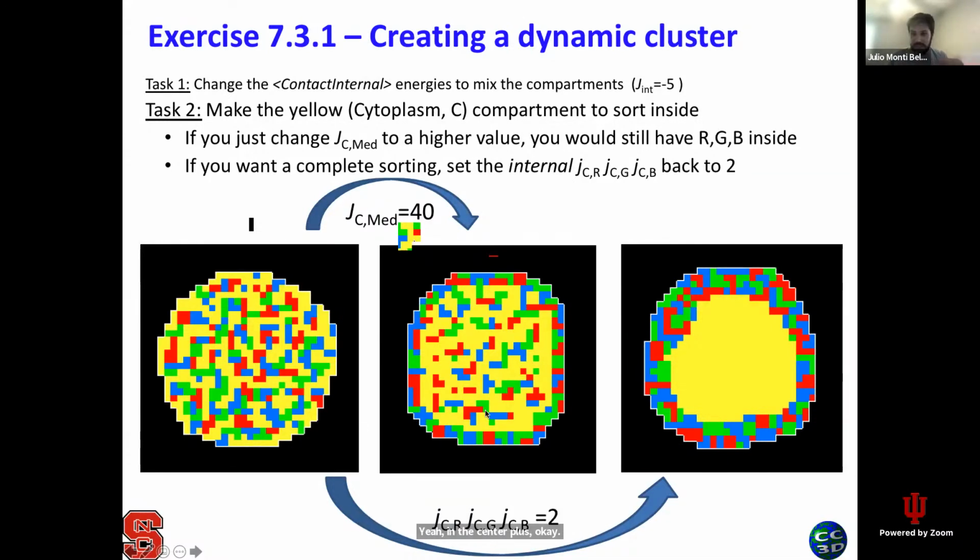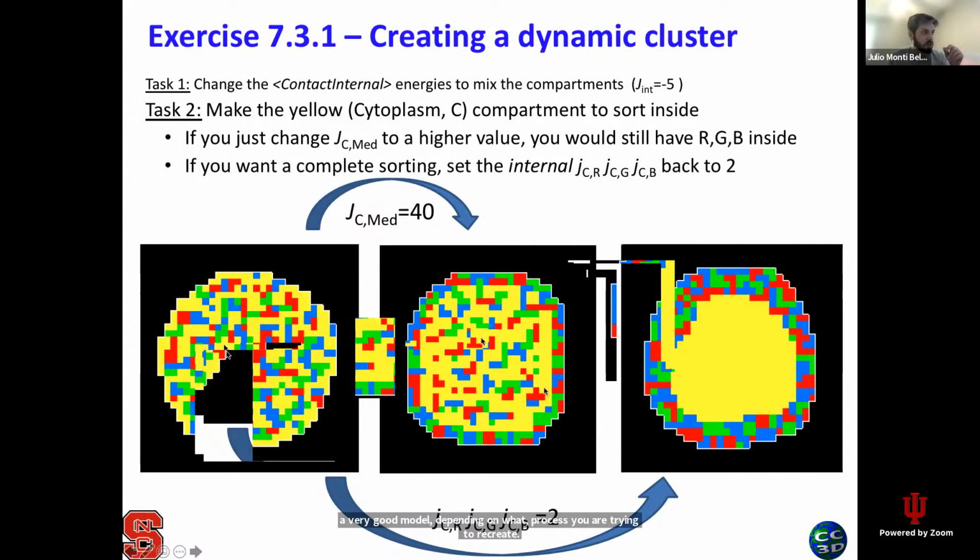So maybe that may be a very good model depending on what biological process you are trying to recreate. So maybe you want those internal compartments to be freely diffusible inside the cytoplasm, okay? So that's not at all an undesirable thing, and maybe even more realistic in many cases.